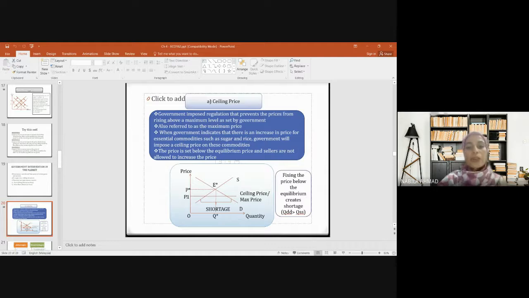Okay, so apabila harga itu located below the equilibrium price, berlaku masalah shortage lah, di mana demand akan melebihi daripada supply, right? Tapi dia tak ada force untuk harga naik. Kenapa? Sebab government dah control harga ni. So government yang tetapkan, so tak ada masalah lah. Harga tu tidak akan naik balik sebab government dah tetapkan.